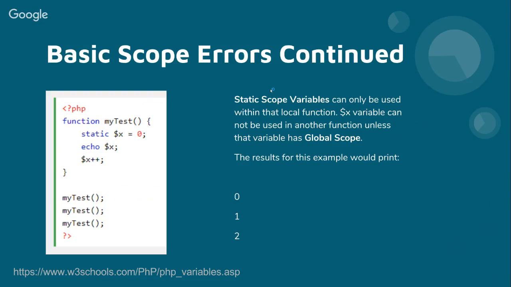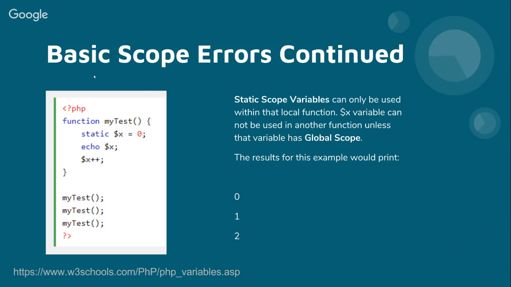Now our third one here, as promised, was the static scope variable. This is important to remember: when you use static scope variables, they can only be used within that local function. You can't use that x in the second test function or anything like that. But we do have an example here from W3 Schools, and how this applies is we can call that function right here and then call it two other times.